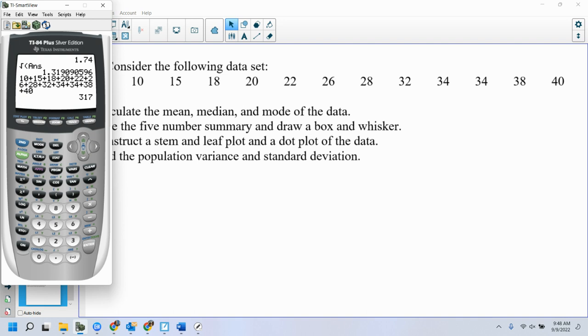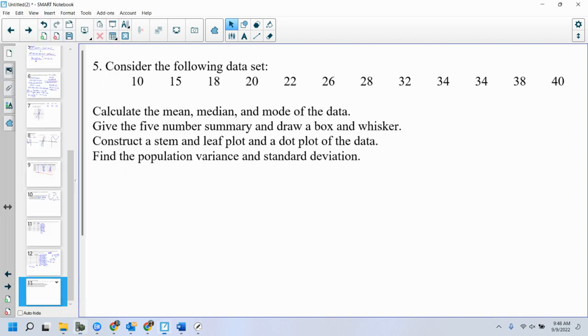I think I got 317, and I've got to divide it by 1, 2, 3, 4, 5, 6, 7, 8, 9, 10, 11, 12. By 12, I got 26.42. We'll round it to 26.4. So the mean is 26.4.